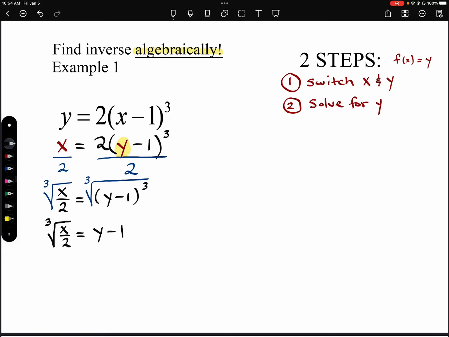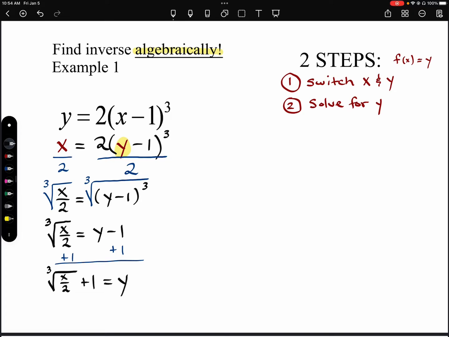And to get rid of that 1, we're obviously going to just add 1 to each side. And that is going to get us the cube root of the fraction x divided by 2. And then remember, that plus 1 is outside, and that should equal our y.